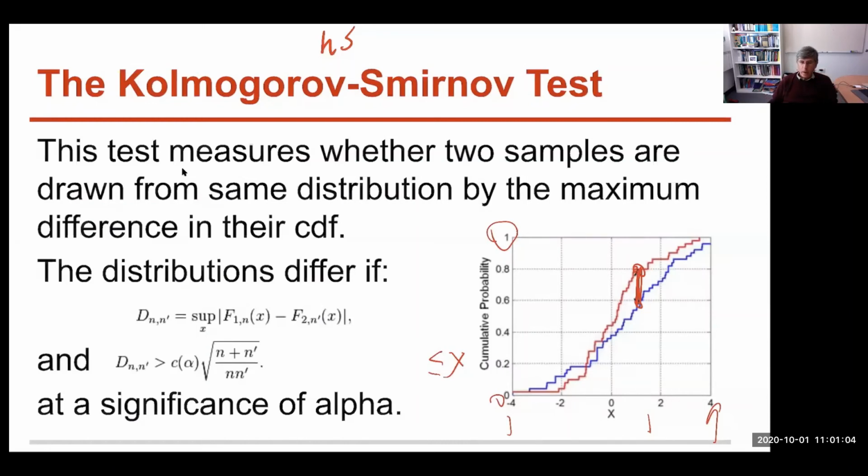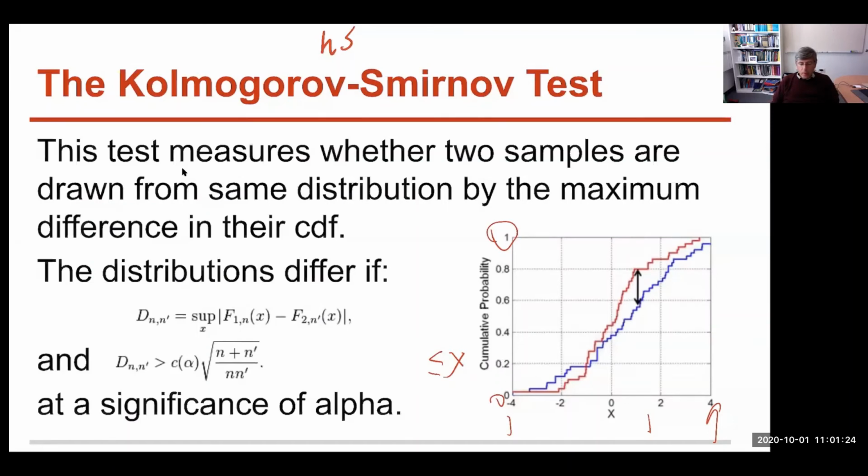But the claim is that if samples are drawn from the same distribution, we would expect the cumulative distributions to be fairly close.